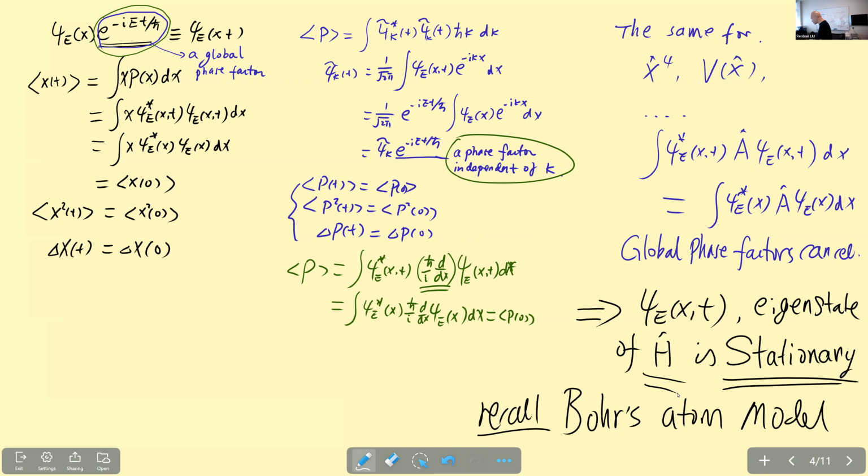So they are stationary states. So that makes the Hamiltonian operator particularly important in quantum mechanics. Because once you find the eigenstates of a Hamiltonian operator, you actually find the stationary states of the system. The states that the system will stay in for a long time.